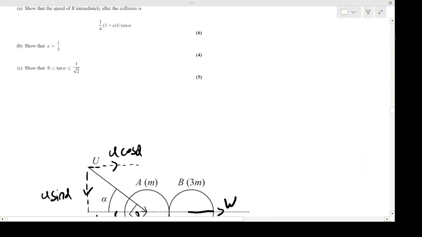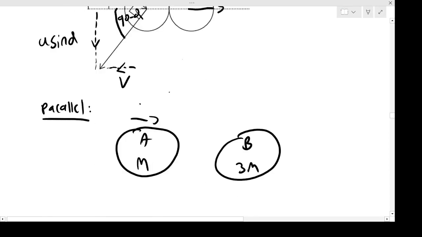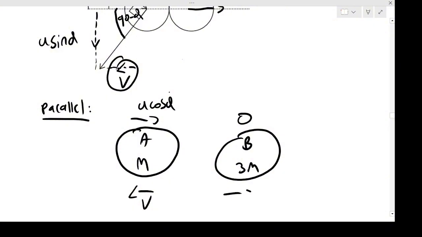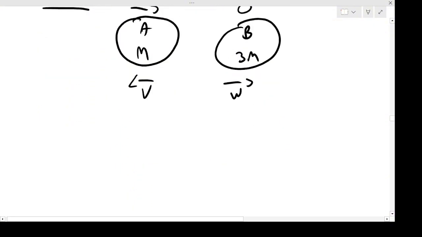Now the parallel speeds, u cos alpha to the right, firstly for A. For B, it's at rest, so it's 0. Then afterwards, A is moving to the left by V, and B is going to move to the right by W. And so at that point, I can apply momentum and restitution.